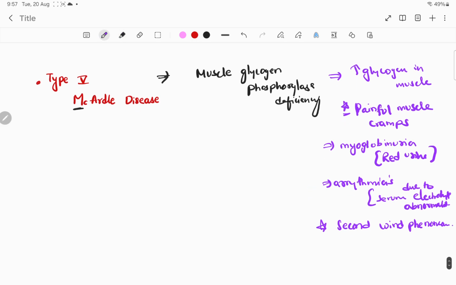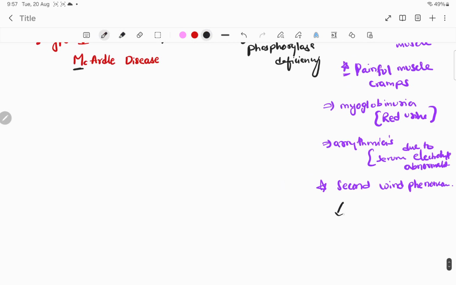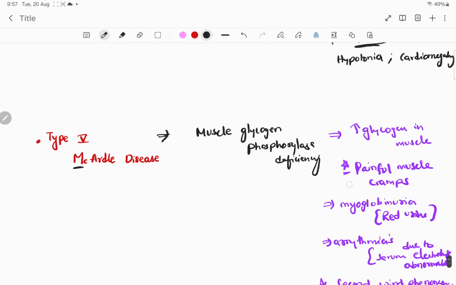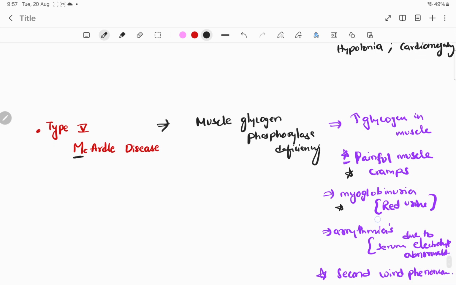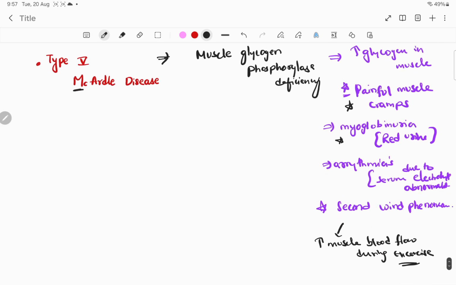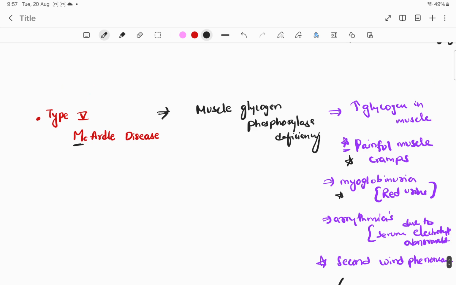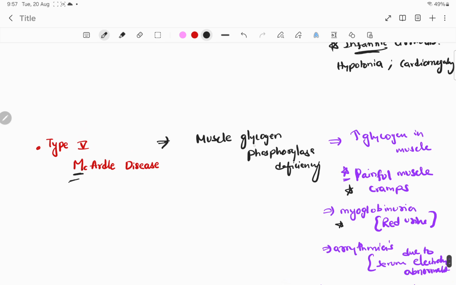What is the second wind phenomenon? It means increased muscle blood flow during exercise. Here the patient presents with painful muscle cramps, myoglobinuria, arrhythmias, and the second wind phenomenon. The diagnosis is McArdle's, and the deficient enzyme is muscle glycogen phosphorylase. This was a NEET PG question.